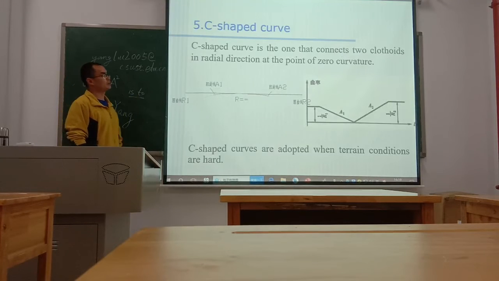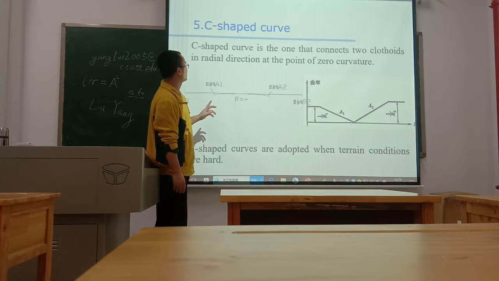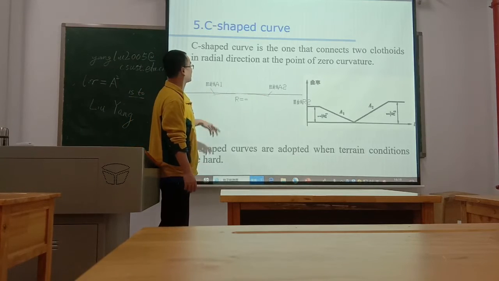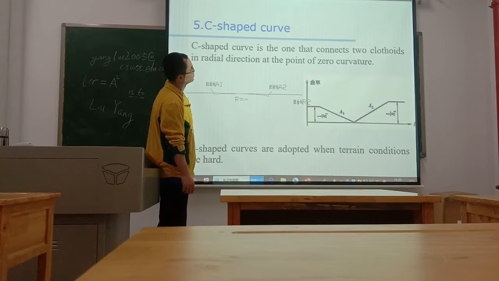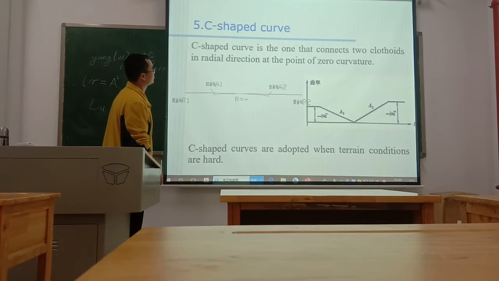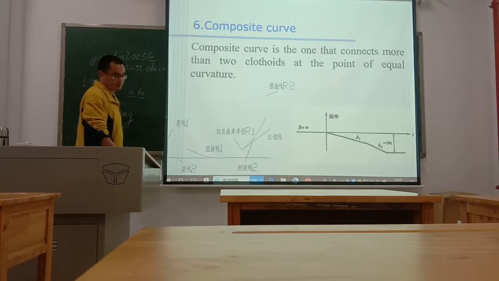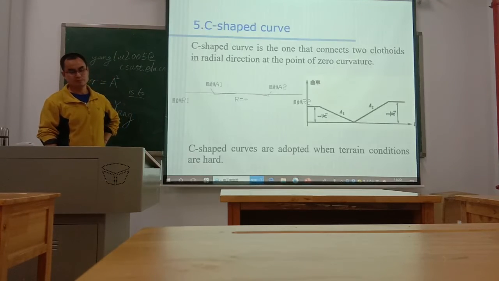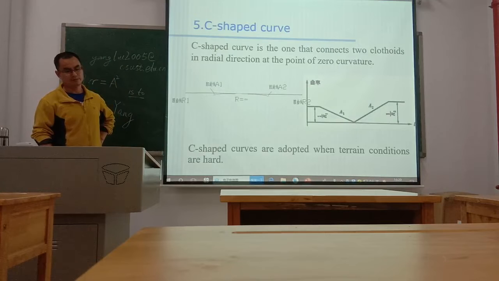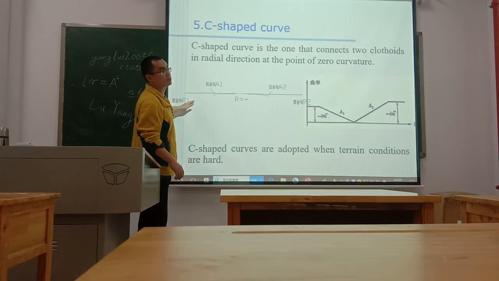Five, C-shaped curve. C-shaped curve is the one that connects two clothoids in the radial direction at the point of zero curvature. This is clothoid 1.